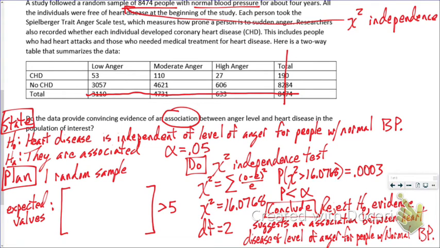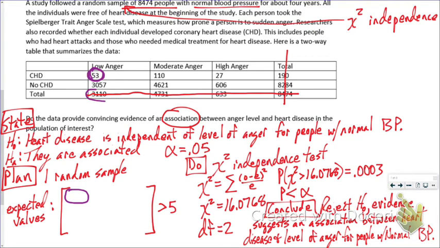Remember, go back and find your expected values. I want to show you by hand how to do it if you're interested. Remember, it's the marginal totals divided by the grand total. So if I want this first expected value right here, I need to take, so if I'm looking at 53, what is the expected low anger heart disease value?